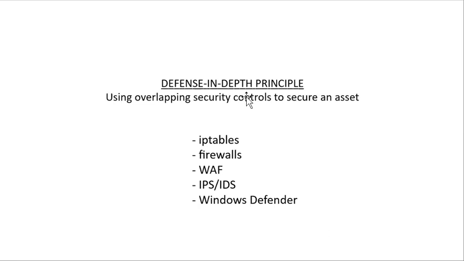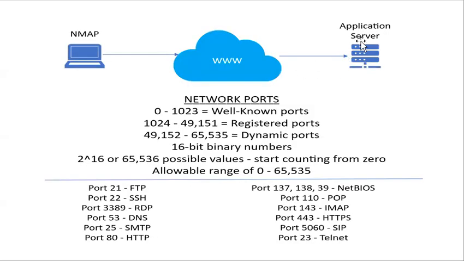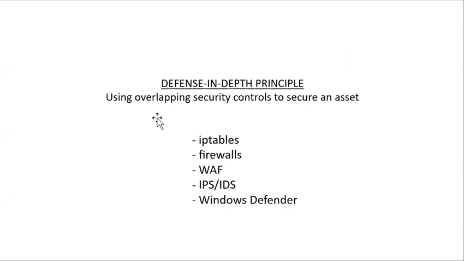This is when you use overlapping security controls to secure an asset. The asset might be a server, just as this server here is an asset, on the internet, in your company, your data center, wherever. And the ideal thing is for you to use different means to secure that server. Listed here are some examples of what could be used.